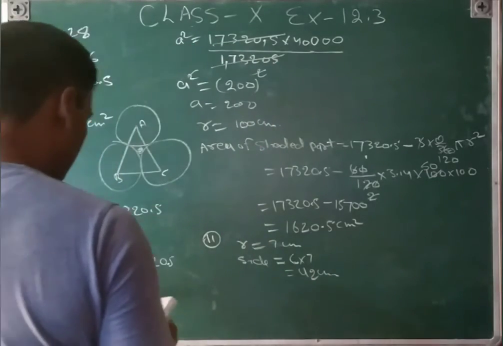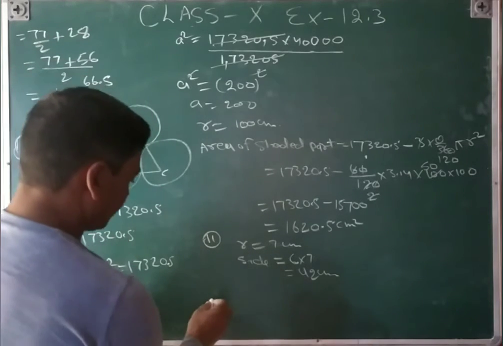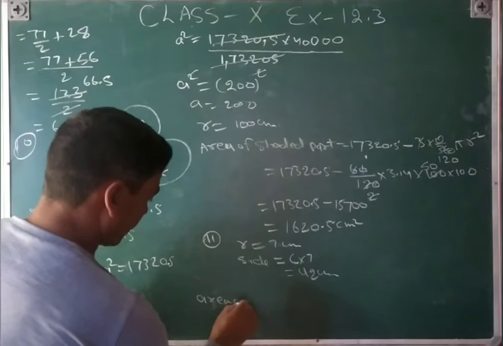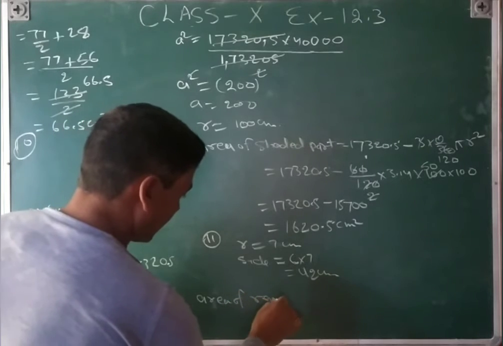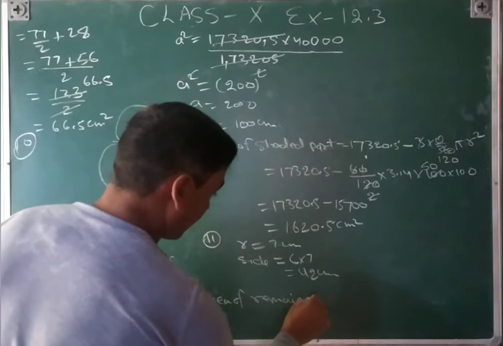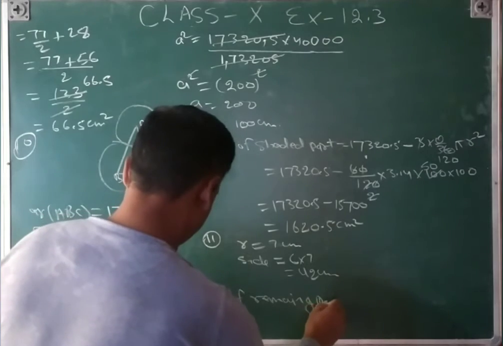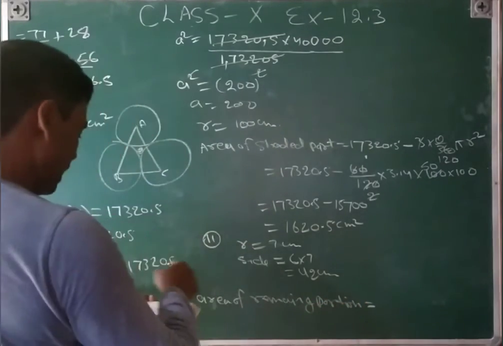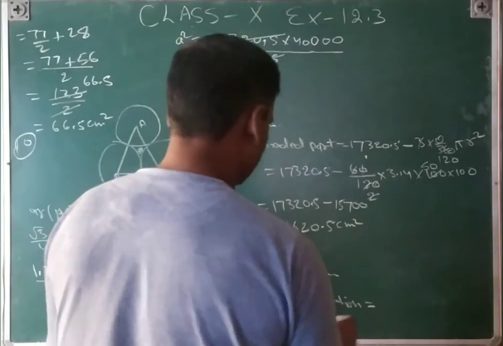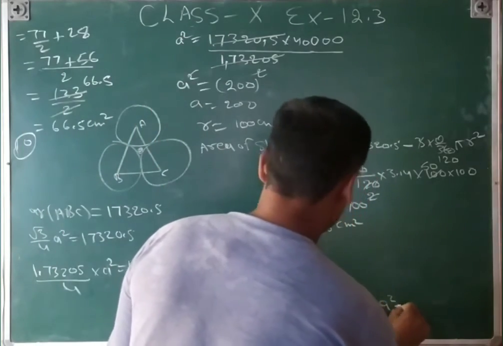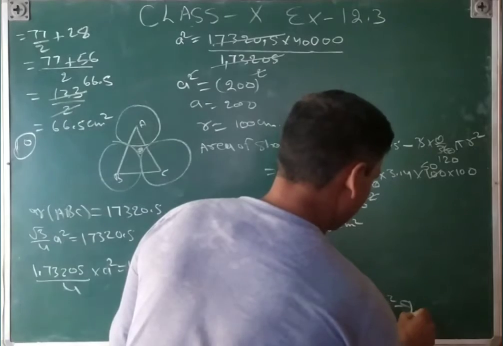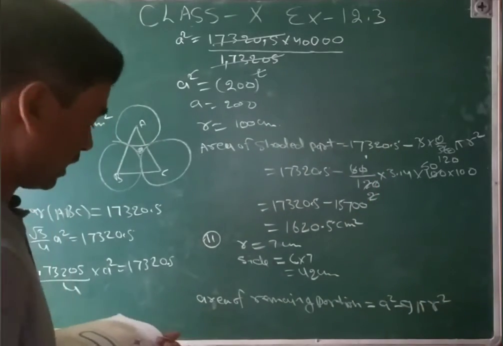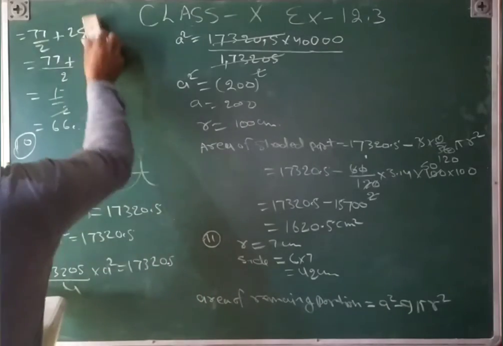Now area of remaining portion. Now we are finding the remaining portion, which is equal to area of square, a square, minus 9 pi r square, because 9 circles are given in that box.